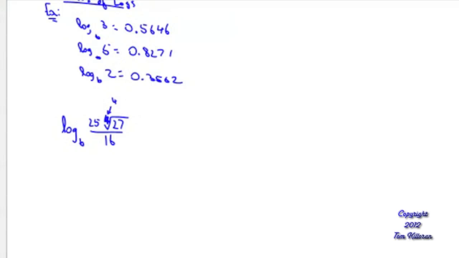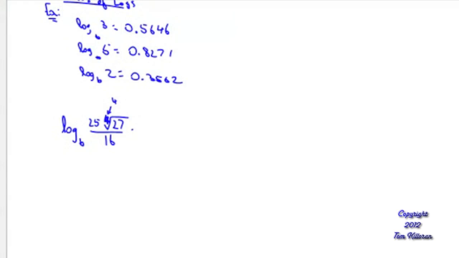Well, in what way? Because I don't know anything about 25. But I do know something about 25 in terms of one of these original numbers. What's another way of writing 25? 5 squared. What's another way of writing 27? 3 cubed. What's another way of writing 16? 2 to the... I have to use one of these numbers. So it has to be 2 to the 4th power.